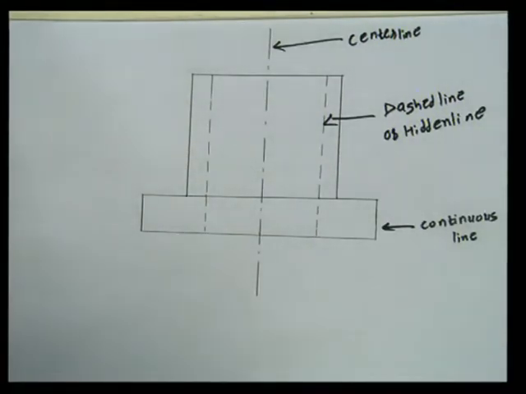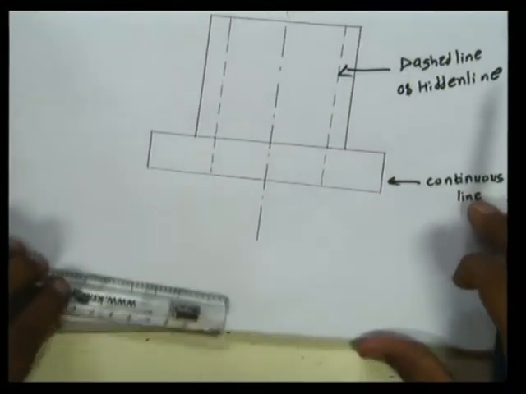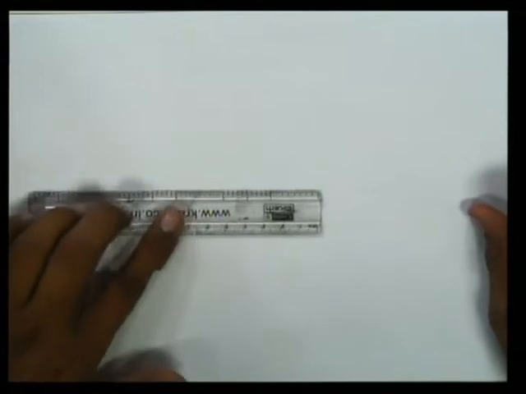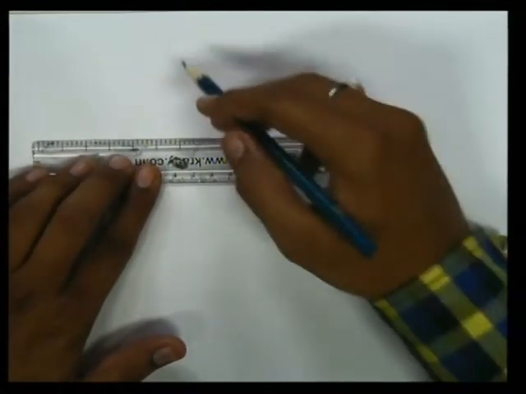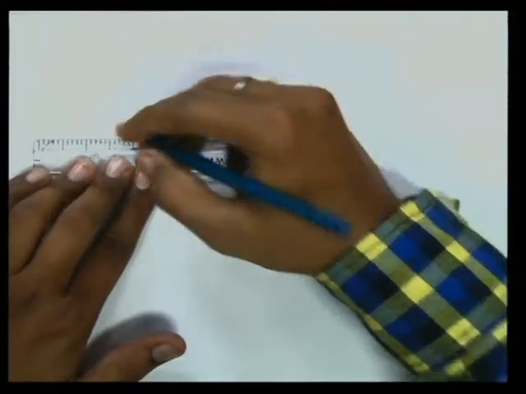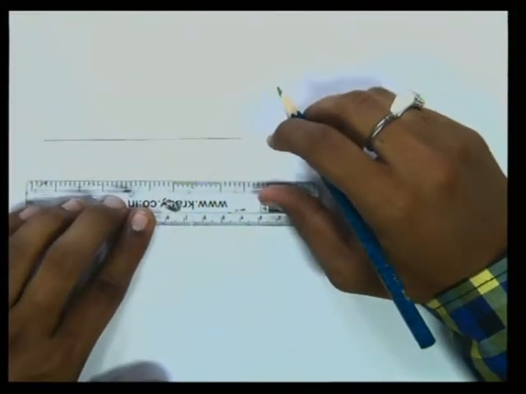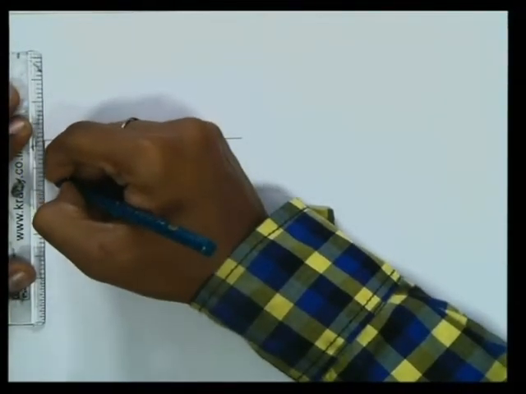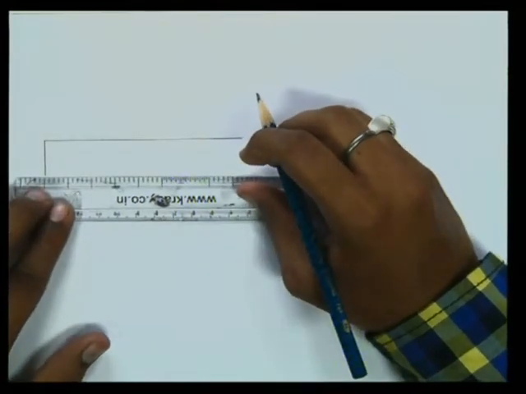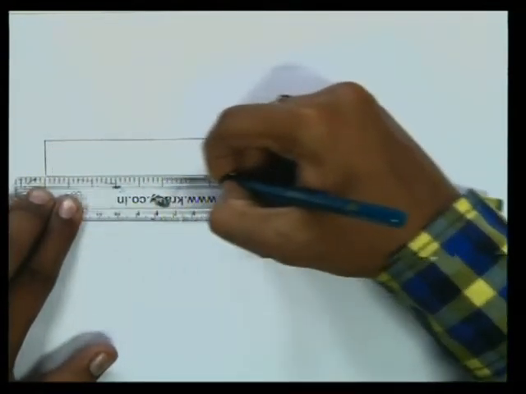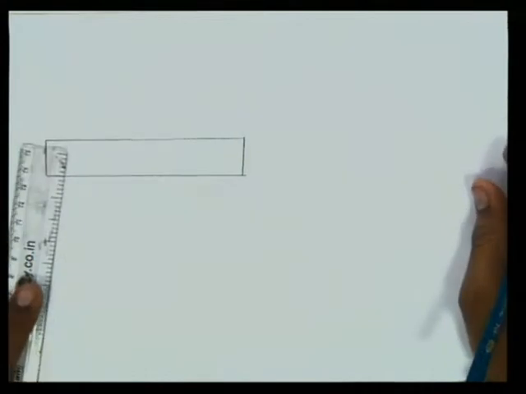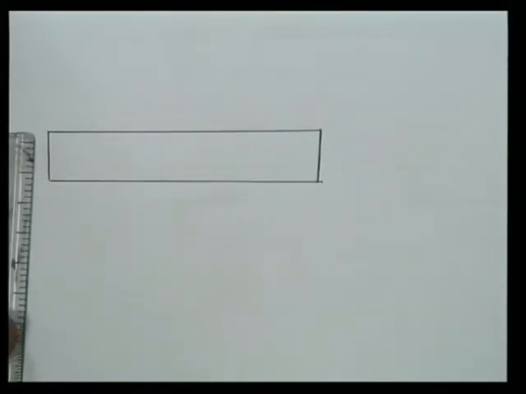So we have seen the usage of three lines. We'll see another usage of another line type. Suppose we are having a continuous shaft like this.